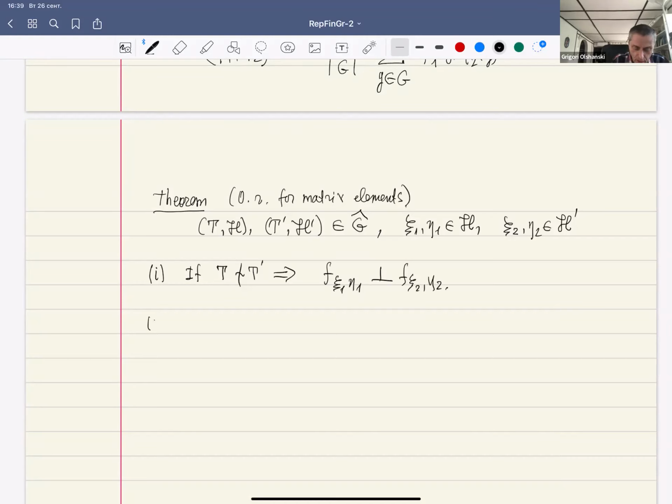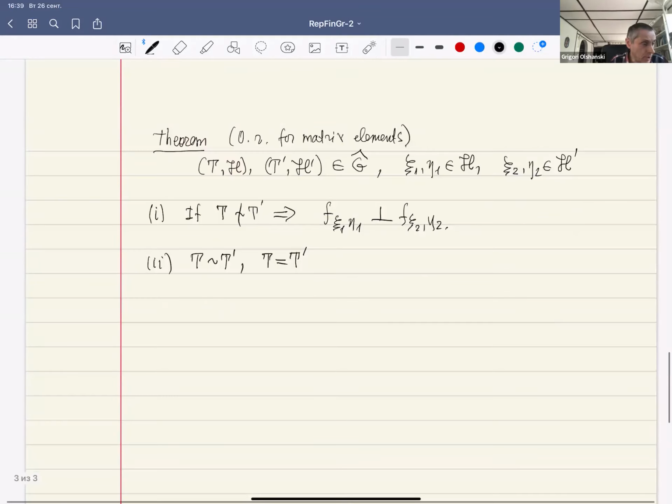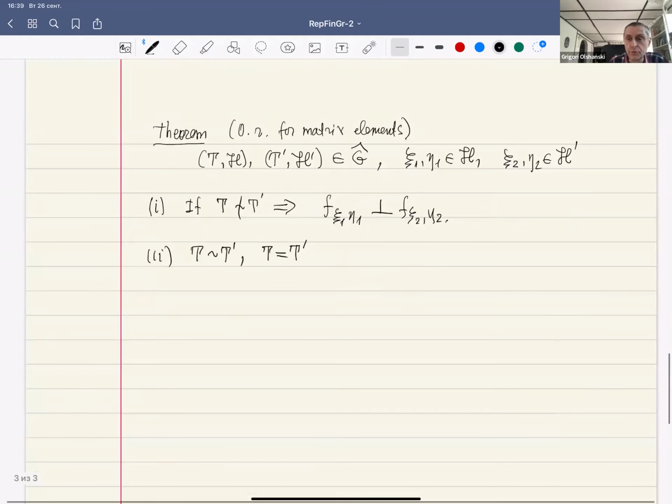Orthogonal. And in the next case, assume that T is equivalent, and then it is convenient to just assume that T is equal to T prime. Then we have the following formula for the scalar product of two matrix elements.